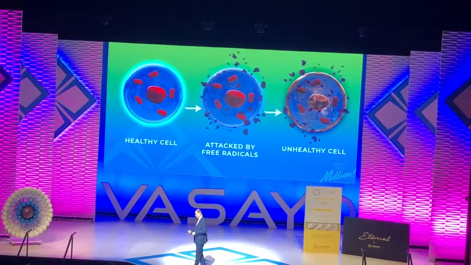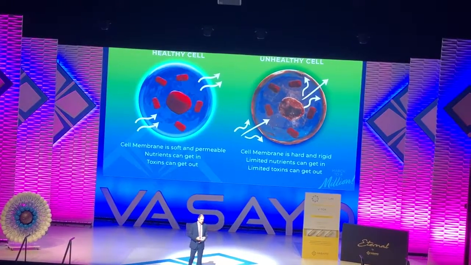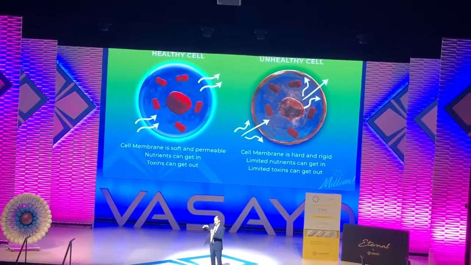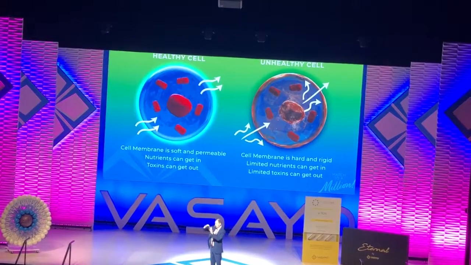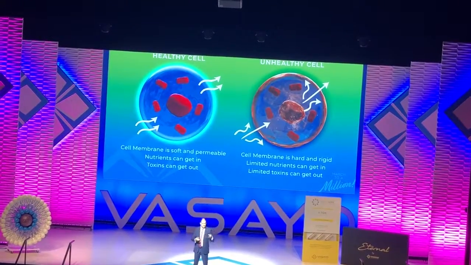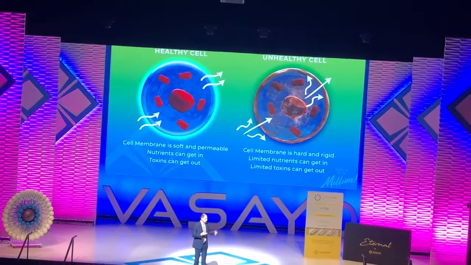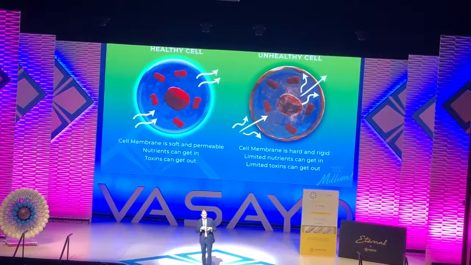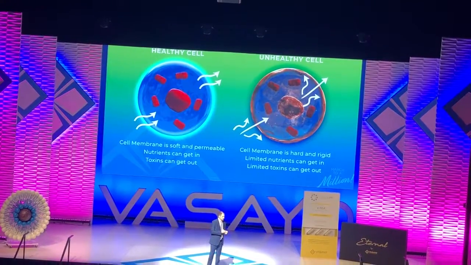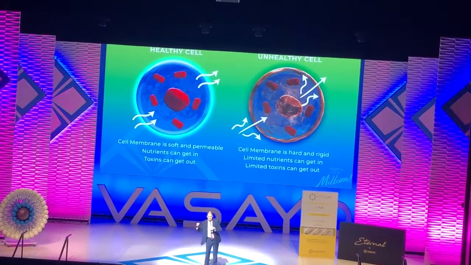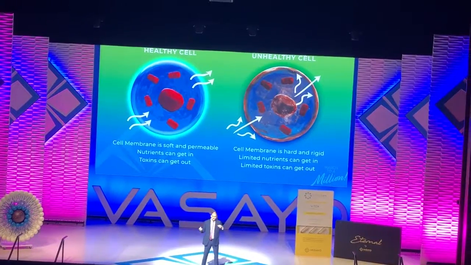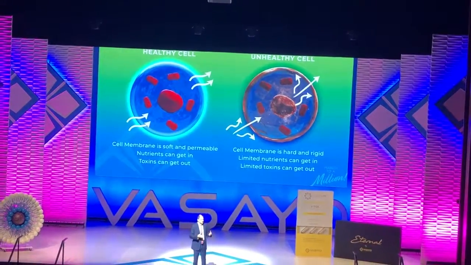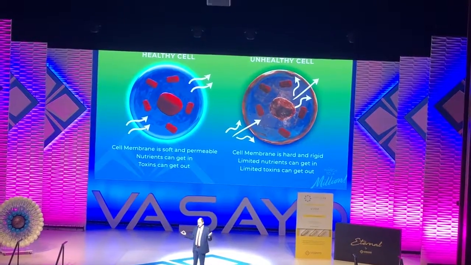In fact, there's one term we use for cellular free radical damage, it's called poikilocytosis, where the actual wall of the cell gets hard. Typically a cell membrane is soft and pliable. Nutrients can get in, toxins can get out. But when that cell membrane becomes hard, you don't get that delivery of nutrients and excretion of toxins, the cell communication is disrupted, and the cell doesn't know what it's supposed to do anymore.